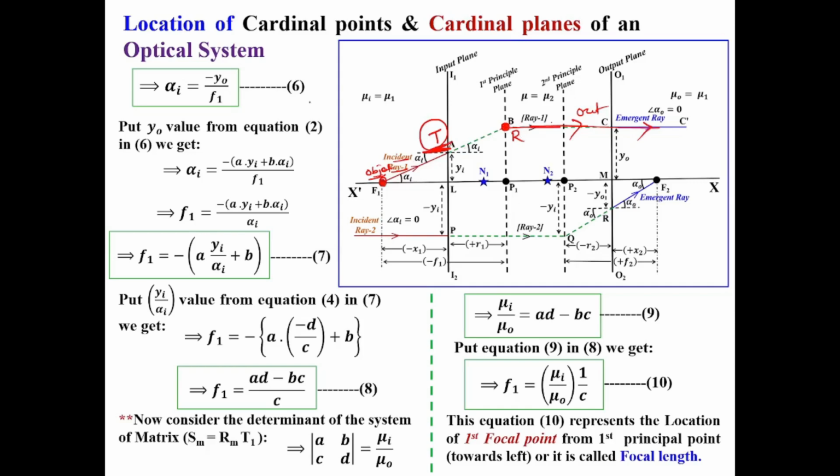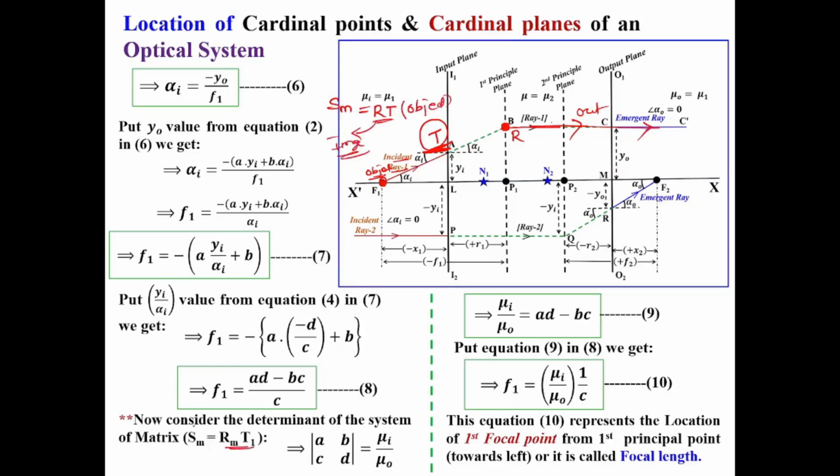So what will be its system of matrix? Its system of matrix will be like this. This is your refraction, then translation, operated on the object, then we can get the image information. Okay, the same thing I have written over here.